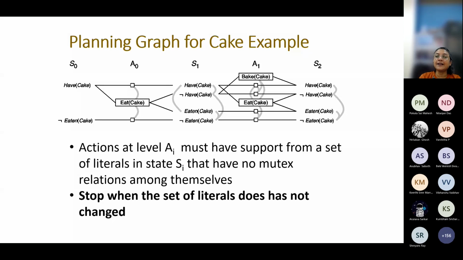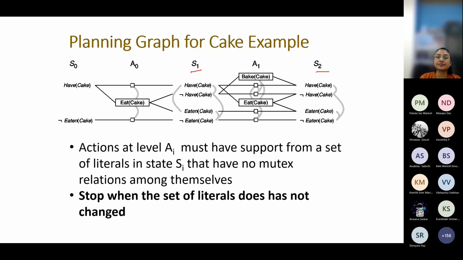So S2 will contain all the propositions which are true there. As you can see, S2 and S1 are the same. No new proposition has been added, but A1 has added some new propositions. So after this, A2 and A3 will have the same set of propositions as A1, and S3 will have the same set of propositions as S2.